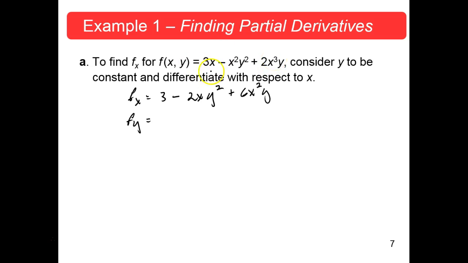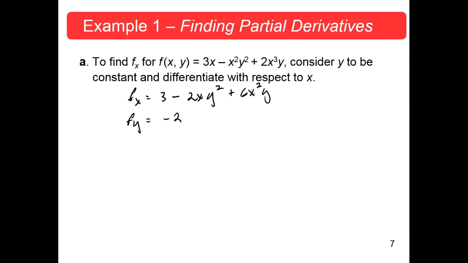Here, that's just a constant, and the derivative of a constant is 0. Minus, and we're doing it with respect to y now, so treat x as if it's constant.